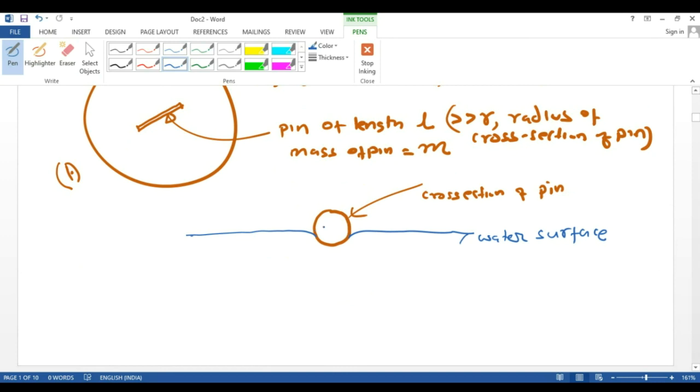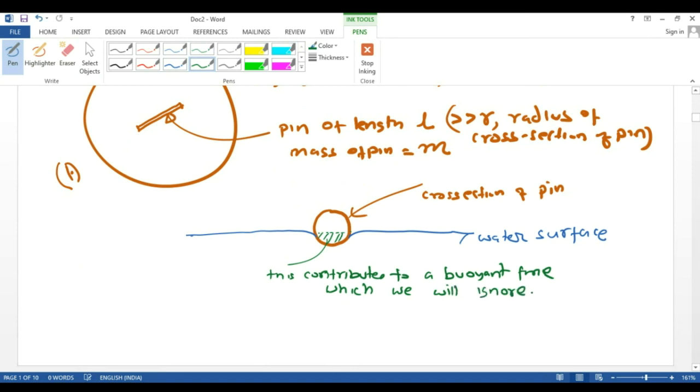So a part of the pin is inside water. I'll just change color and show you. This part of the pin is inside water, and it does contribute to a buoyant force, a difference in pressure inside and outside, which we will ignore.